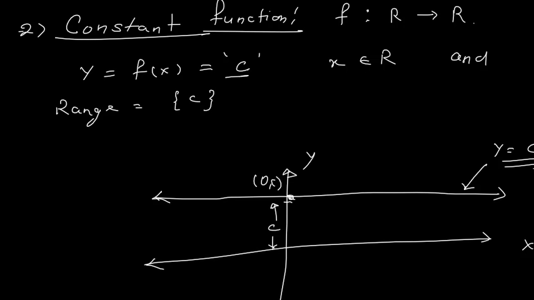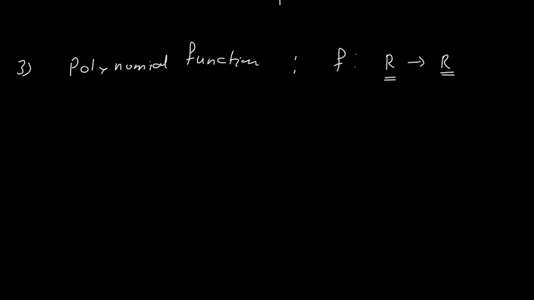Now let us see the third function, which is called the polynomial function. This polynomial function is also defined from real number to real number, meaning the variable which we are going to supply will take real values and the value of the function will also be a real value.